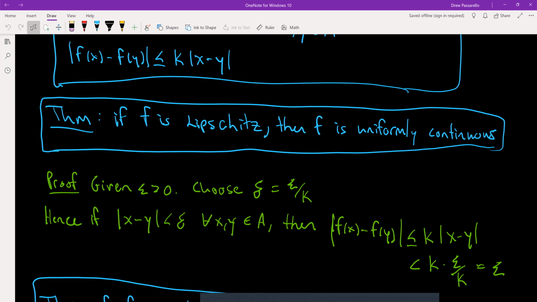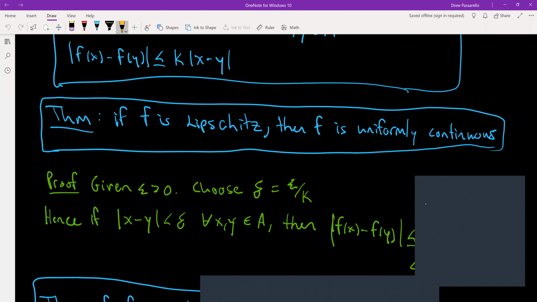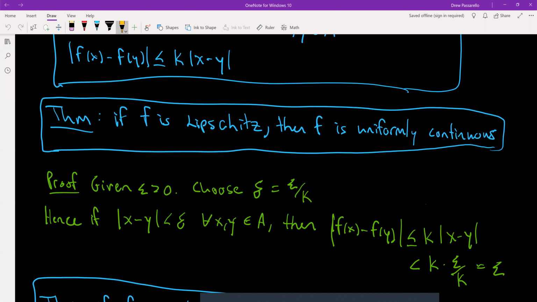That's Lipschitz, and then that is less than k times epsilon over k, which will give you epsilon. All right, so if f is Lipschitz, then it's uniformly continuous.